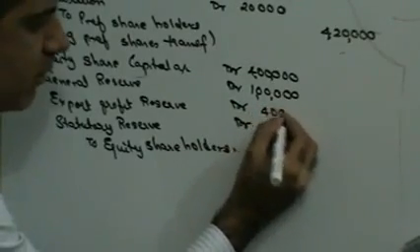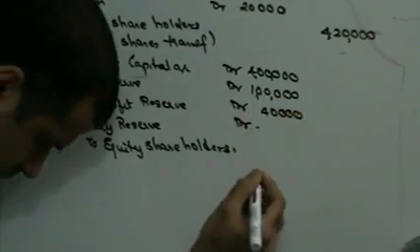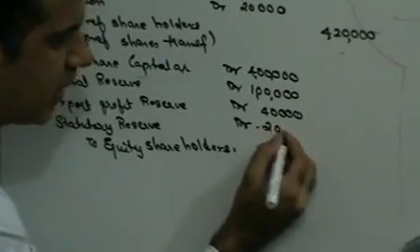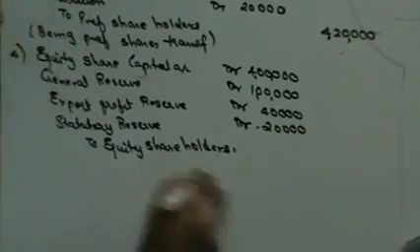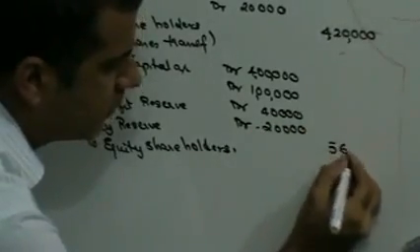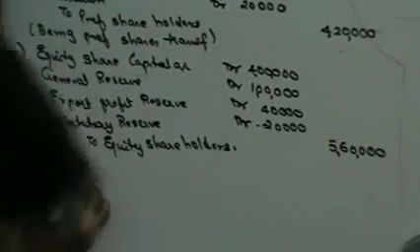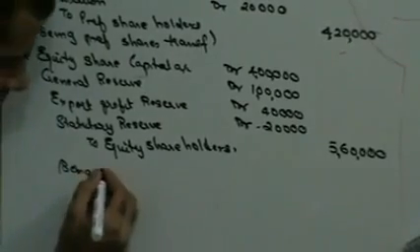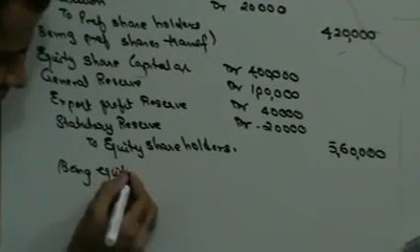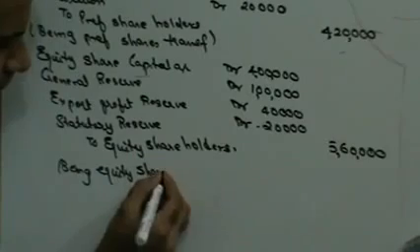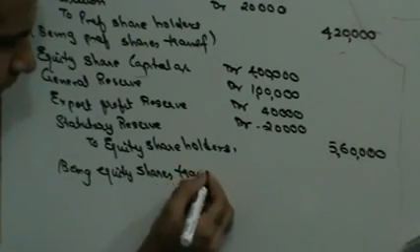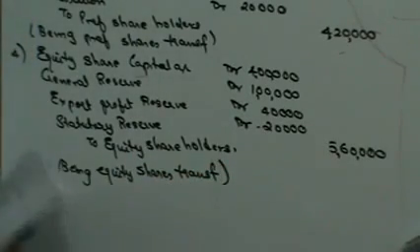Export profit reserve is 40,000. Other statutory reserve is 20,000. 5,60,000. Being equity shares transferred to equity shareholders. Right?